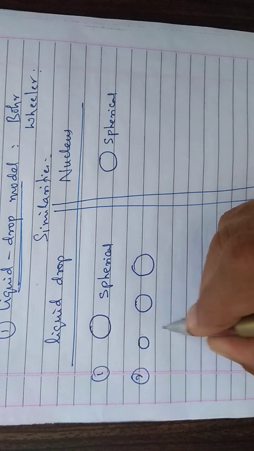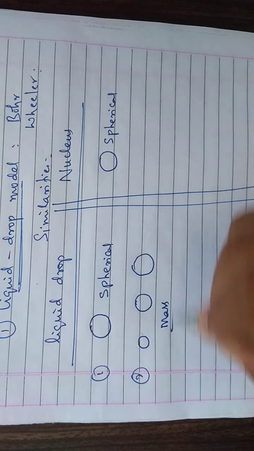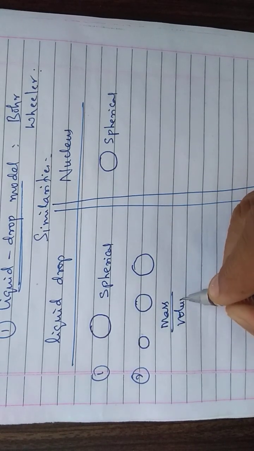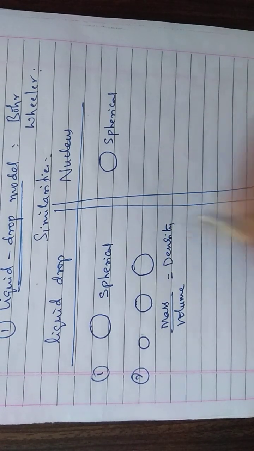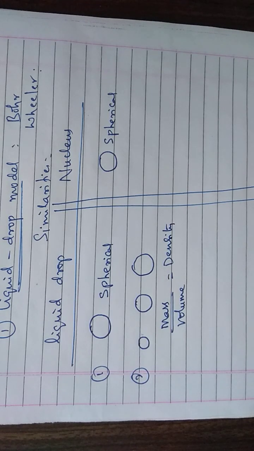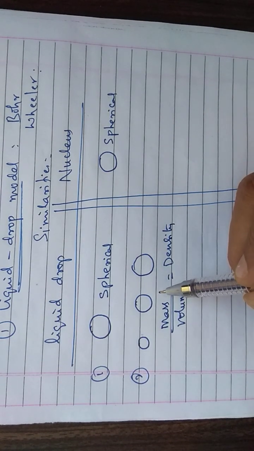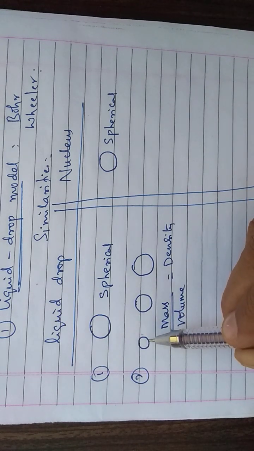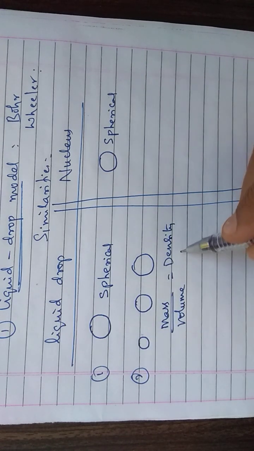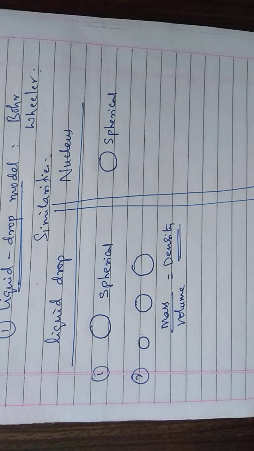Mass divided by volume is called density. So the density of each and every water droplet remains constant, either for a smaller droplet or a bigger droplet.